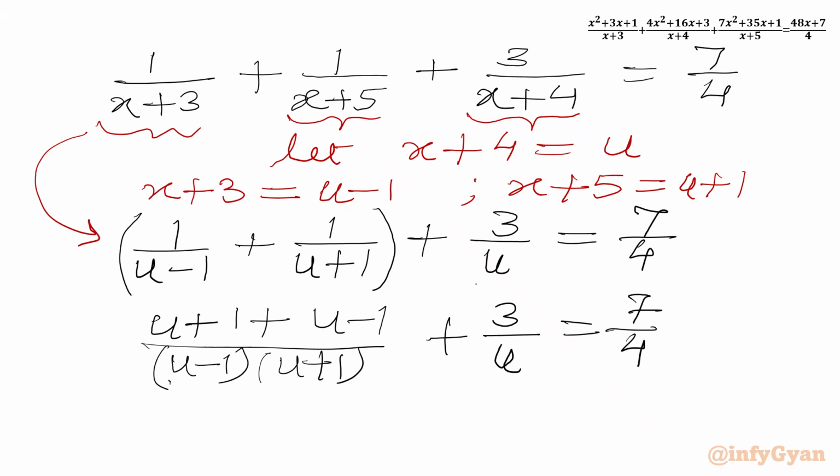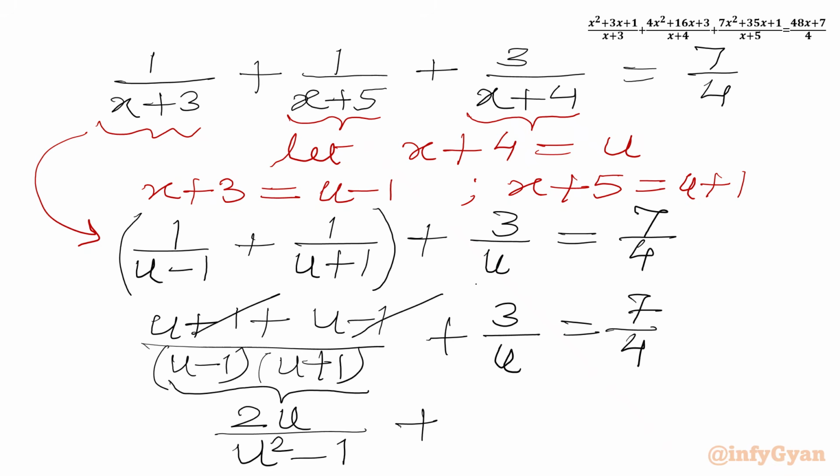Now we know that a minus b times a plus b is a square minus b square. We'll cancel plus 1 and minus 1 from the numerator. So we can write 2u over u square minus 1 plus 3 over u equal to 7 over 4. We'll write 4 over here. Now we will take LCM once again.